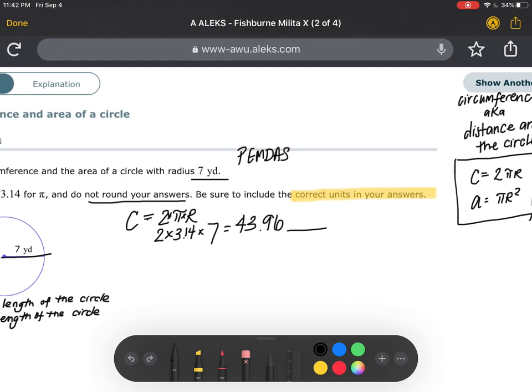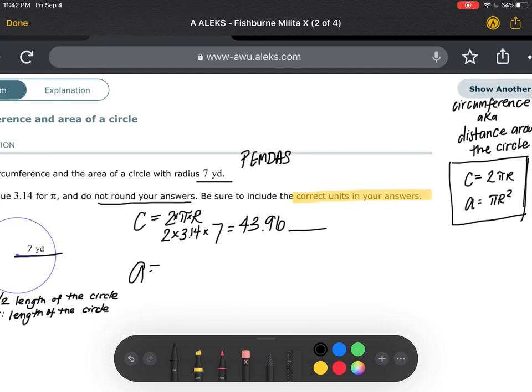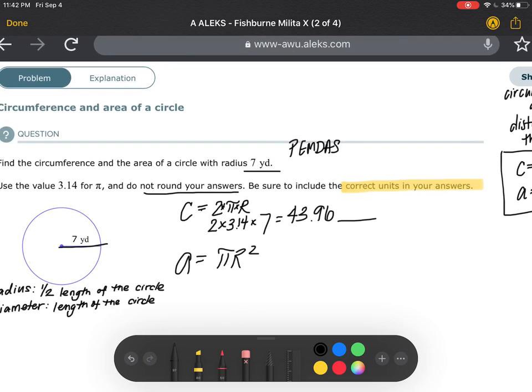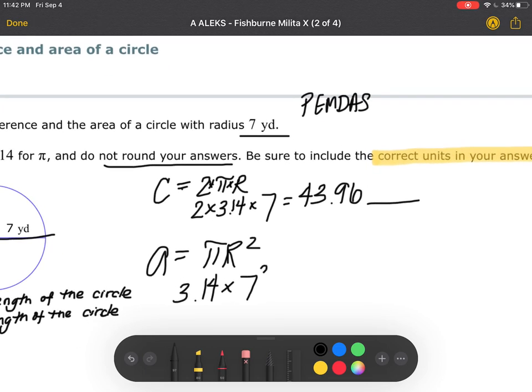So for my area, it says pi r squared, okay? And then I'm going to put my numbers into that formula. So pi is 3.14, and then it's right next to the r, so that means multiply, times the radius. The radius is 7, and that 7 is going to be squared. Whatever number you have for the radius right there, that is going to be squared, okay?